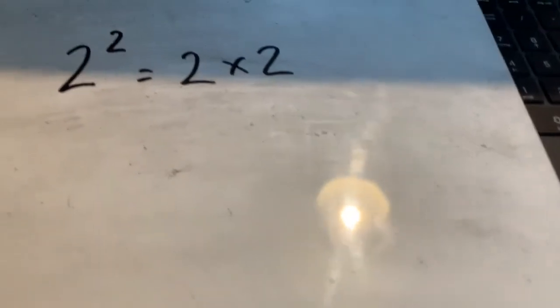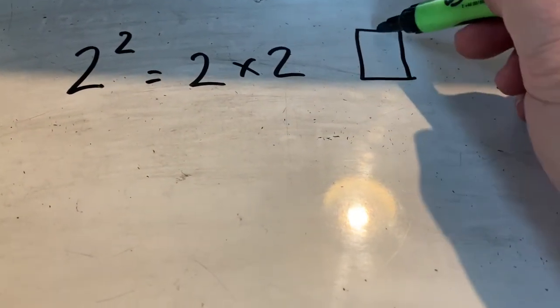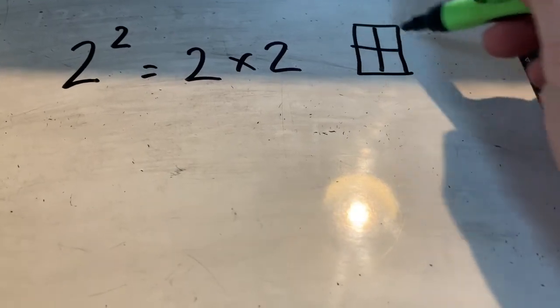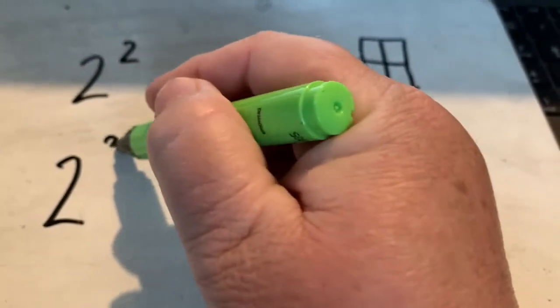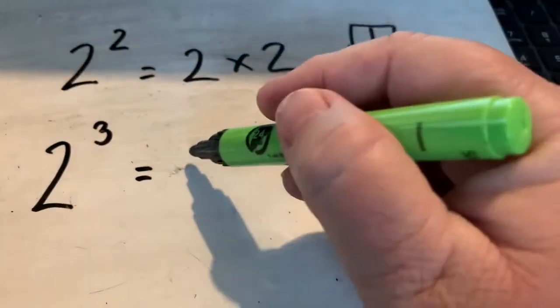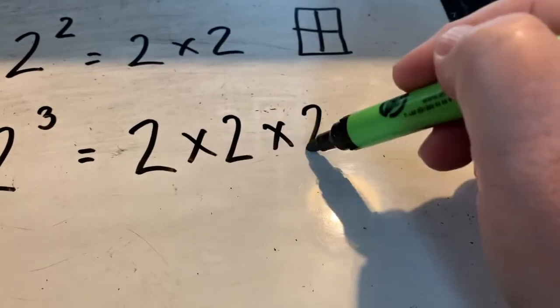That's the very last thing I'm going to show you, for Friday's work on squares and cubes. Just to remind you that 2 squared is 2 times 2. If I have to represent that, I would represent that as a square. Sorry, that's not a very good square. 2 times 2. If I had 2 cubed, I'm going 2 times 2 times 2.